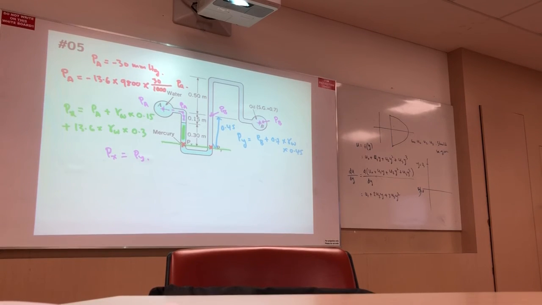Then I can write PB plus 0.7 times gamma of W times 0.45 is equivalent to PA, right? PA, this value you can plug in here: PA, gamma of W times 0.15 plus 13.6 gamma of W times 0.3.